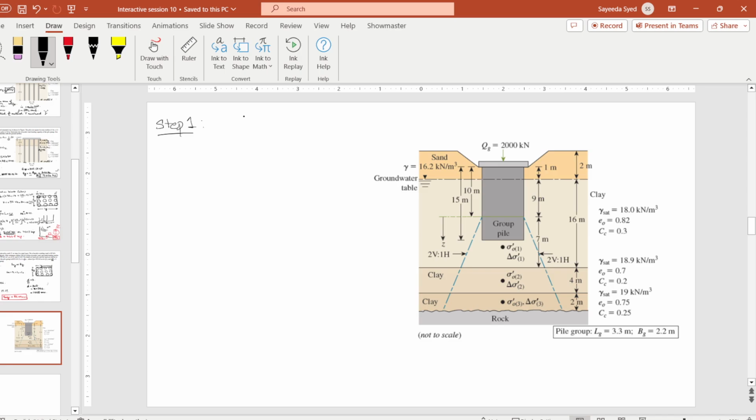Step one is that we need to know the total load. If the pile cap is above ground surface, then the load on the pile group will be equivalent to the load of the superstructure.